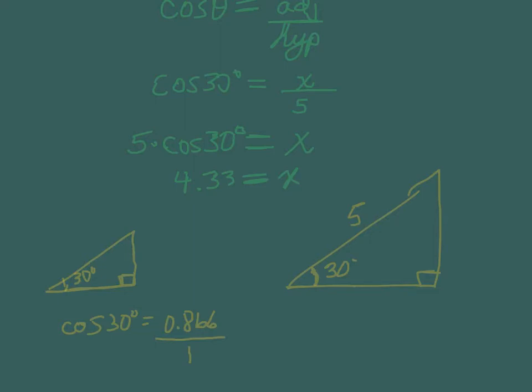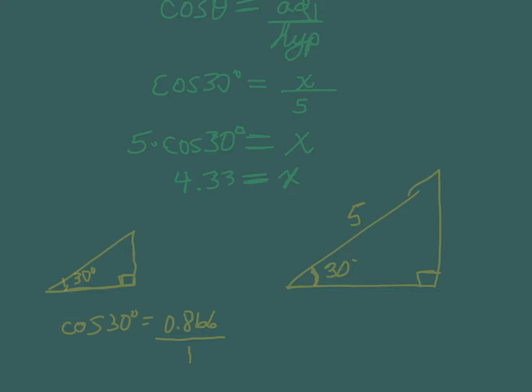Now the next thing I'm going to do is I'm going to say, okay, cosine of 30. Remember cosine, the definition of what cosine is, it's taking the adjacent over the hypotenuse. And in this case, the adjacent, again, is this lower one, and the hypotenuse is up here. So if it's adjacent over hypotenuse, then what I'm looking at is 0.866 over 1.